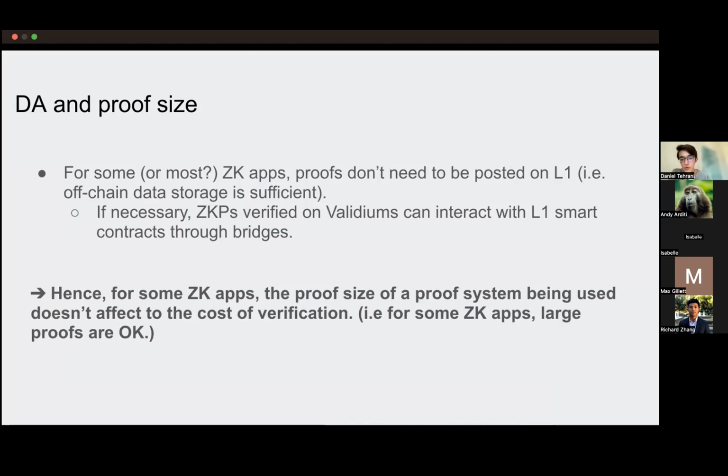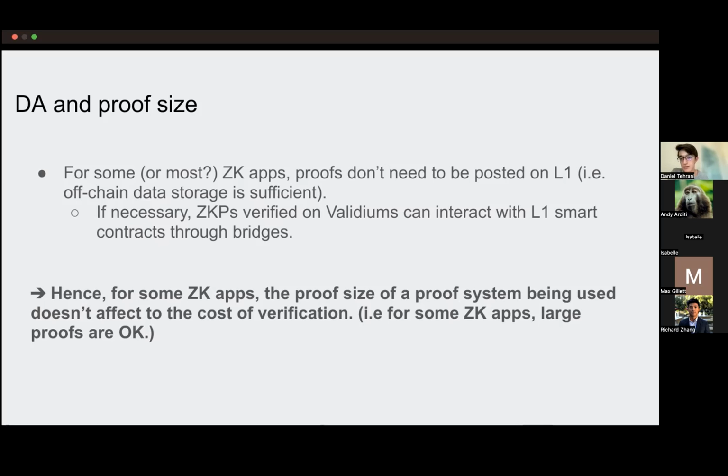But I think a good analogy, or a good way of thinking about this, is that you're just doing proof composition. For example, in a recursion setting, you might have Nova or Halo 2 that does the recursion part, and there's a final ZK SNARK that compresses the entire thing into a really small proof that can be verified on Ethereum.